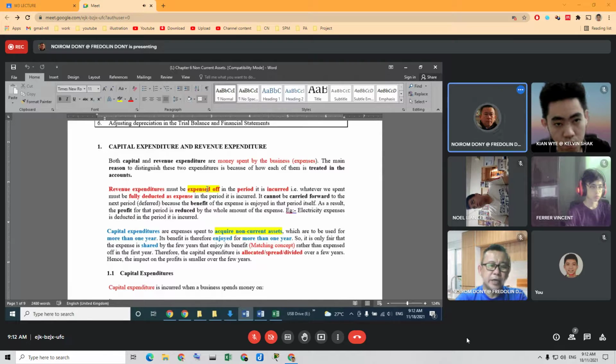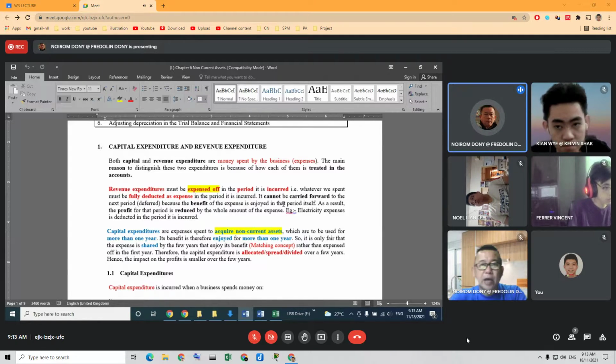So let's say it is incurred in the year 2021, then we must put it in 2021. Whatever we spend must be fully deducted as an expense in the period it is incurred. It cannot be carried forward to the next period, unlike the asset that we defer. For capital expenditure, we record it as an asset and carry it forward to the following years.